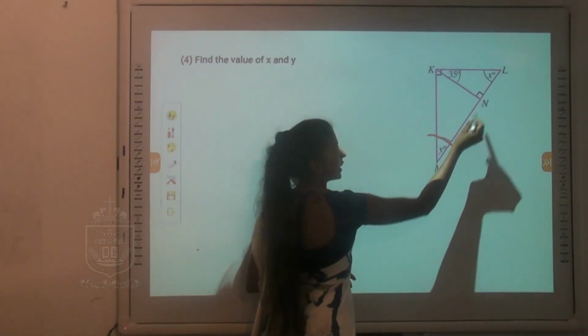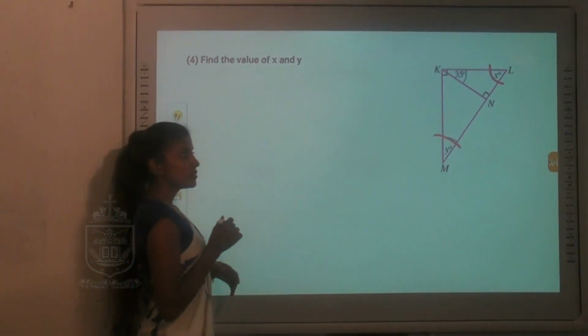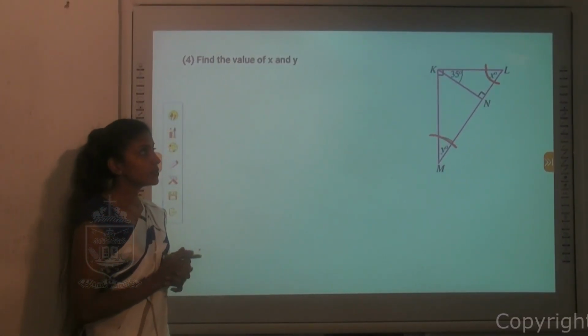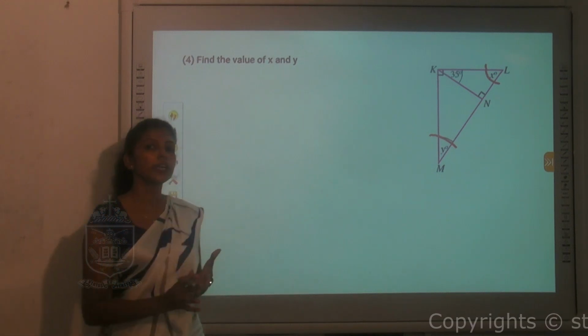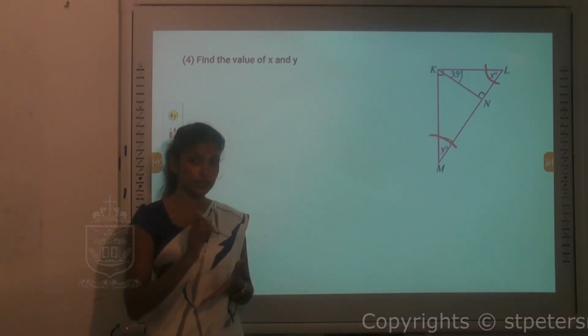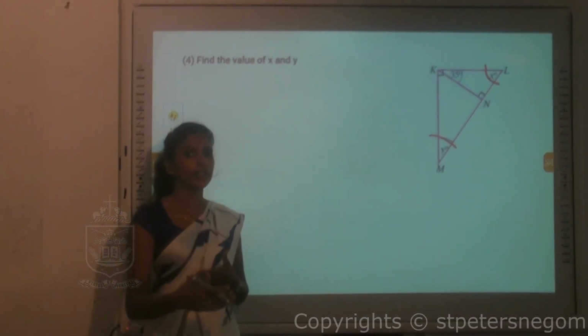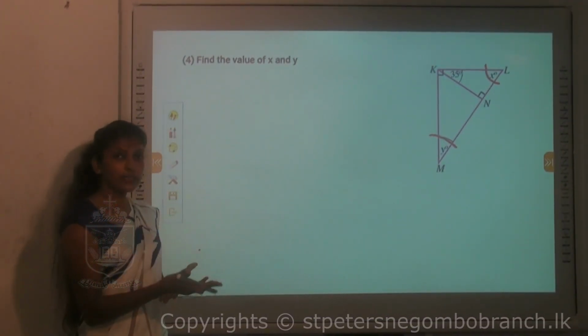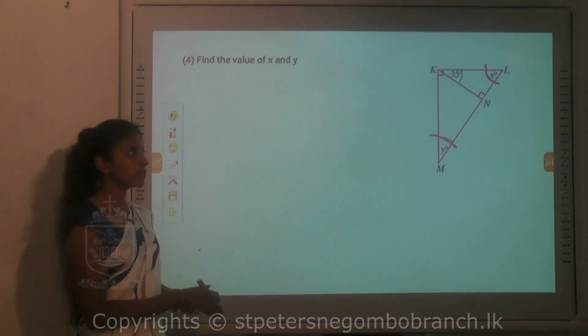You have to find both angles as given in the question. First of all you have to think of a way. You can't find both angles at once. First you have to find only one, and then from that angle you can move to the next step in finding the other angle.